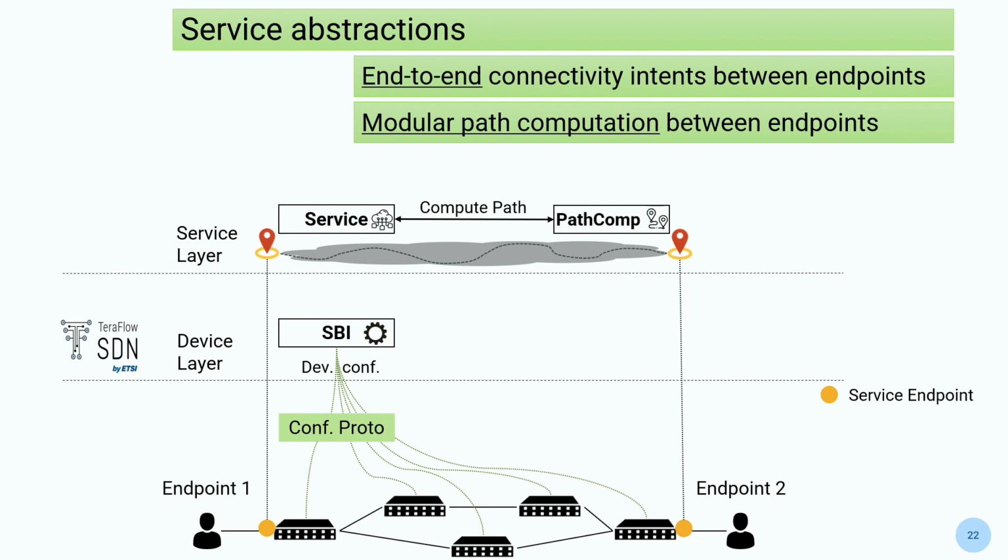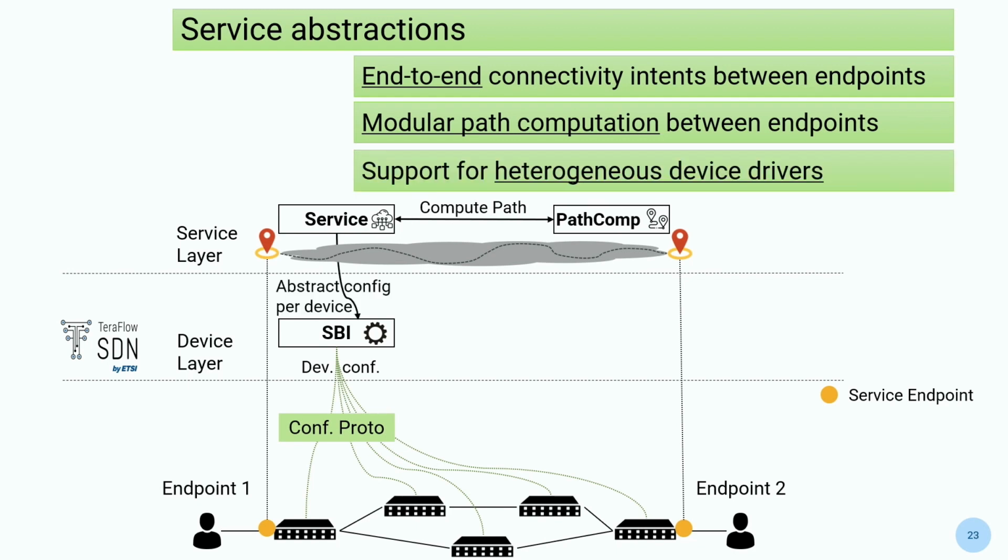You might need to comply to certain latency requirements, bandwidth requirements, number of hops, and so on. So you also need the ability to compute paths between endpoints. And this is another component in the service layer of Teraflow, which allows, through its interaction with service, to define two endpoints and compute a set of paths between them so that you can pick any of those according to your needs.